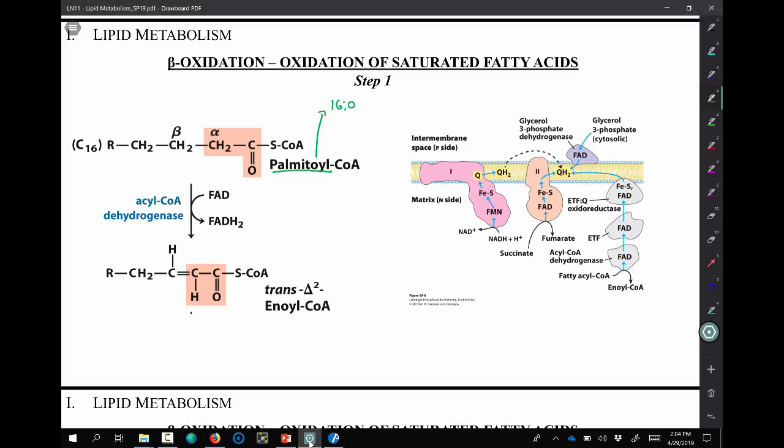Now again, putting us into the larger context of the things that we've talked about, remember what has happened to get this fatty acid to this point. We have seen that fatty acid potentially ingested within your diet. It was packaged into chylomicron triglycerides.